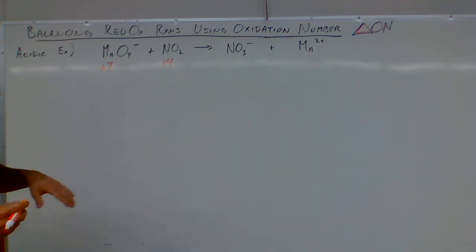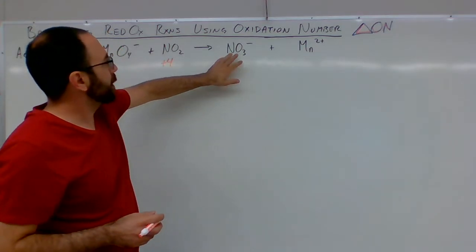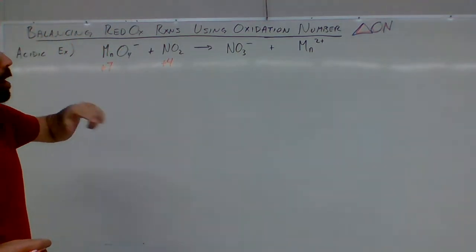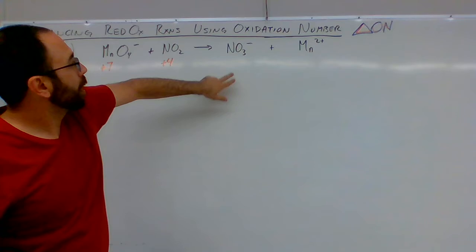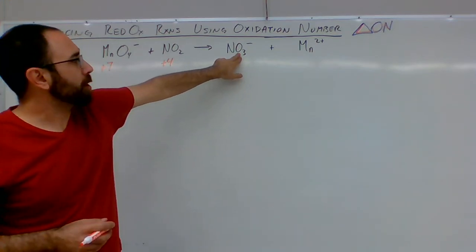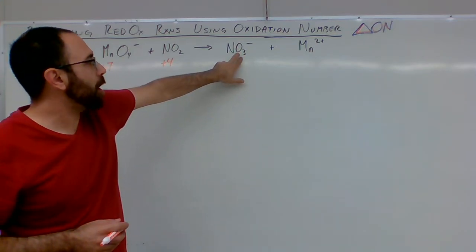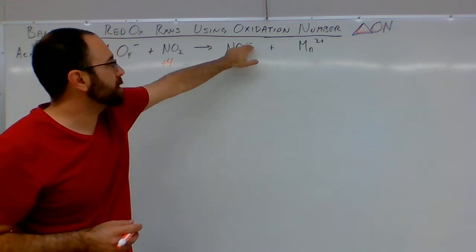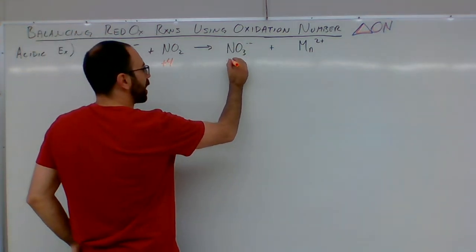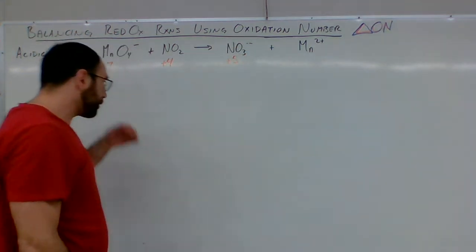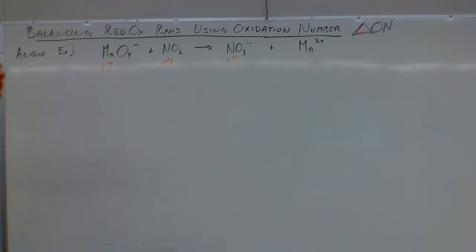When we take a look at our NO3, now we're dealing with that polyatomic ion with a -1 charge. I have 3 times -2 on my oxygen, so I have a -6 on my oxygen. This whole compound adds to a -1, so that must mean I have a +5 for my nitrogen.